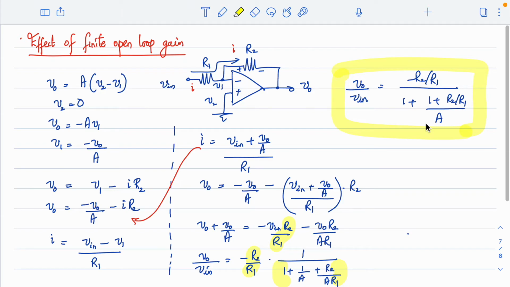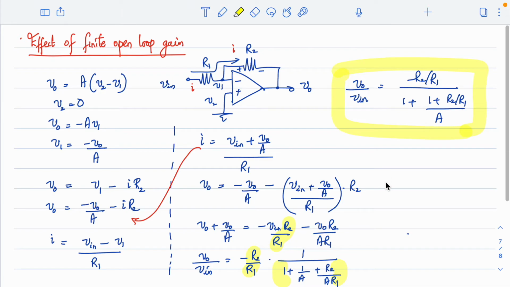Oh, Sanket, yeah, you have a question. Why can't we use closed loop is equal to open loop by 1 plus beta? Sanket, are you asking for this finite open loop gain or the previous case? For this one, if I do that again, I don't think we will be able to bring in the finite open loop gain expression over here, right?